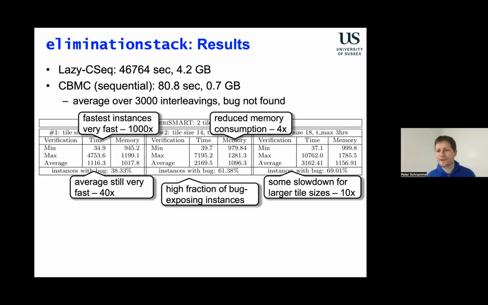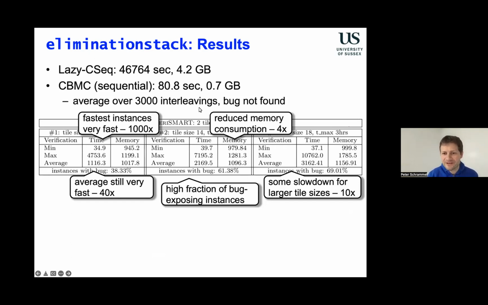Yes, but this is the point. You want to choose a tile size that contains a sufficient number of interleavings that exhibit the bug, but at the same time reduce the time for the model checker to solve that instance fast.